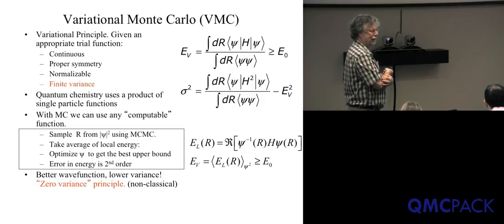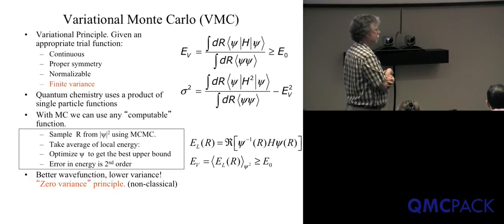If you make a deviation epsilon in your wave function, the energy is accurate to epsilon squared. So if your wave function is accurate to 10%, your energy is accurate to 1%, right? Better wave function, lower variance. This is a zero variance property.